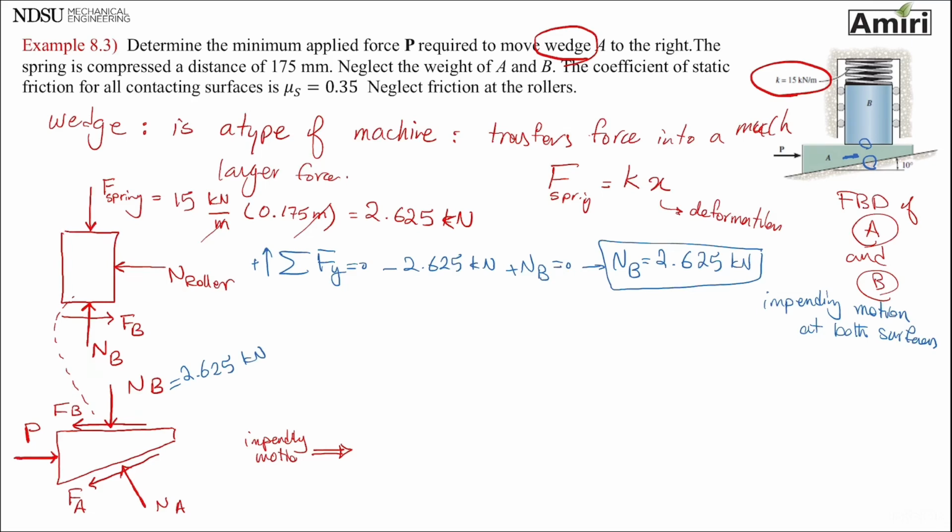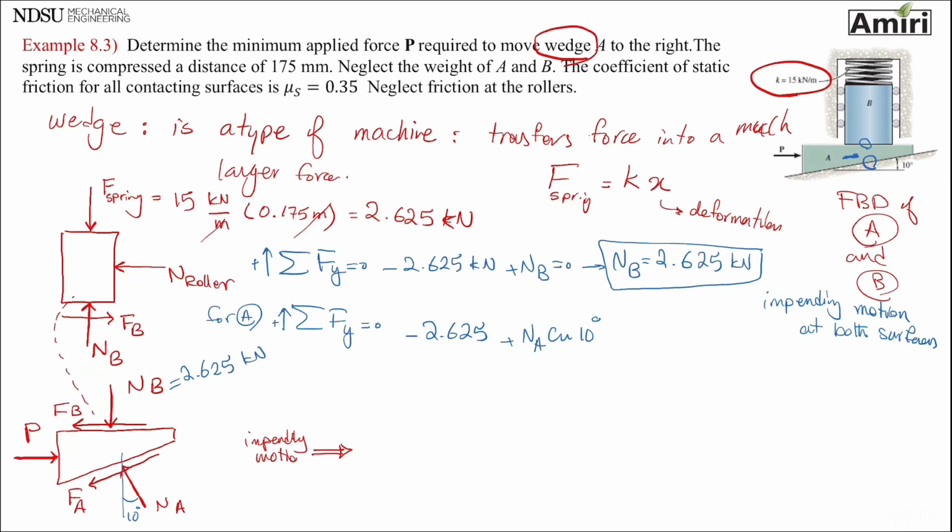So let's write summation of forces for A right away. For A, summation of forces in y being 0, I have minus NB, 2.625, and then NA has the angle of, how much is that, 10 degrees, plus NA cosine 10 degrees.